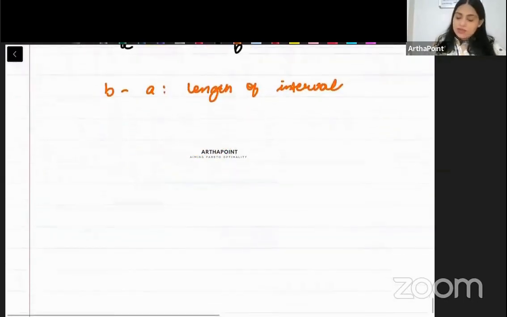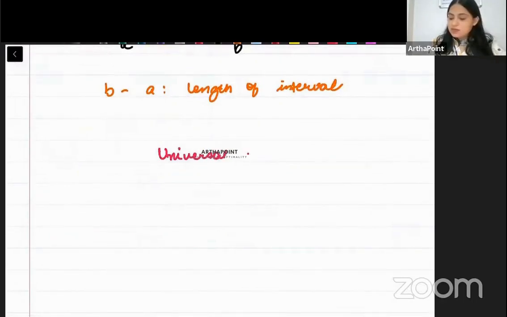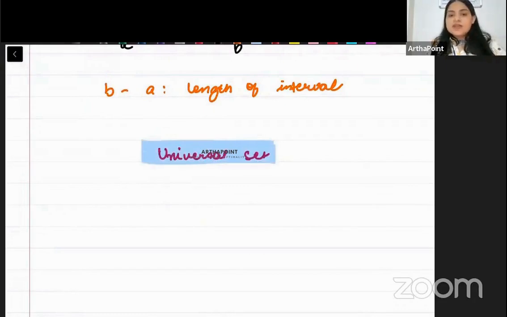Now we come to an important aspect, which is called the universal set. So what is a universal set? A universal set is usually denoted by U, and as the name suggests, it is the biggest set possible.